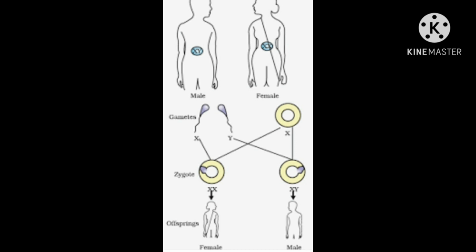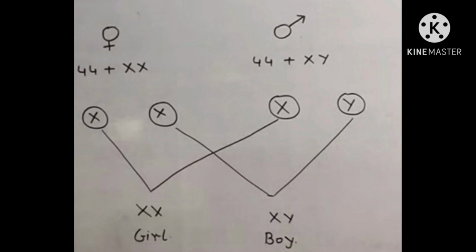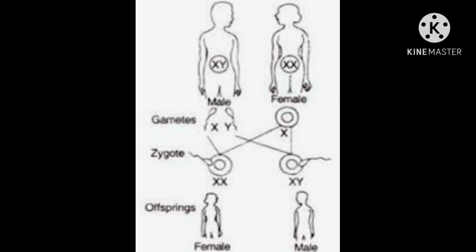A child who inherits an X chromosome from her father will be a girl, and one who inherits a Y chromosome from father will be a boy. That means father is responsible for sex of the child. It is a matter of chance whether a couple will give birth to a boy or a girl.